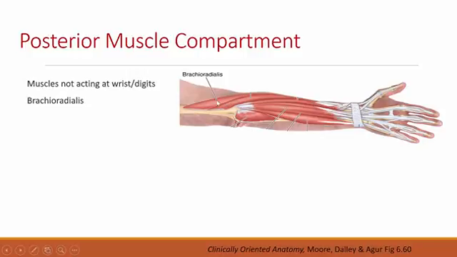Although the brachioradialis is originating from a similar area to all of our other posterior muscles, and it is innervated by the radial nerve, this muscle actually produces flexion at the elbow. As we develop, the upper limb rotates slightly laterally.